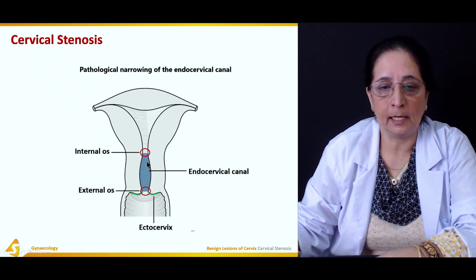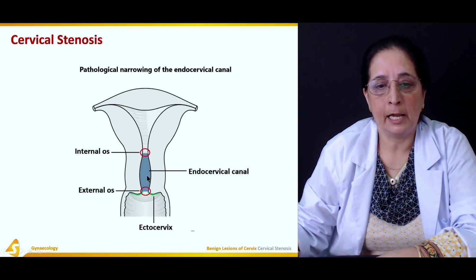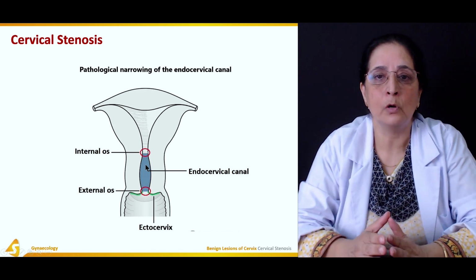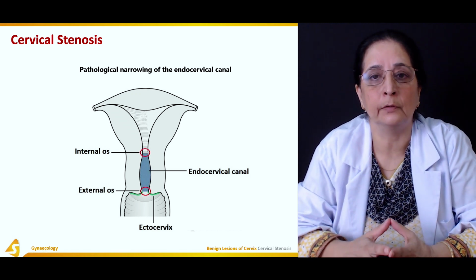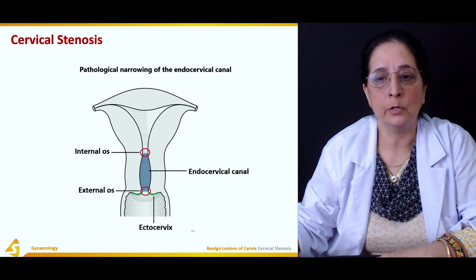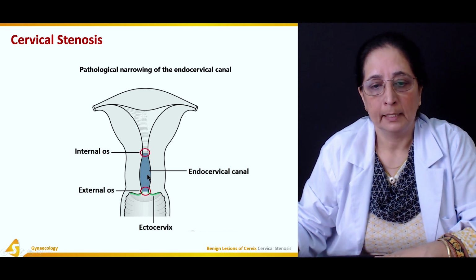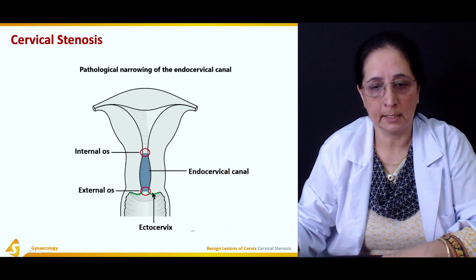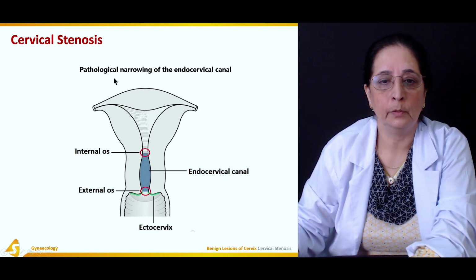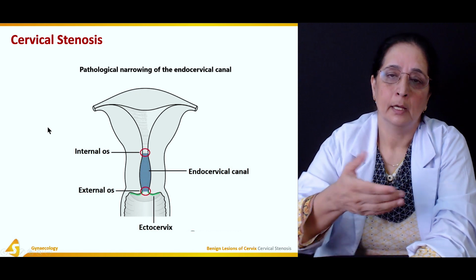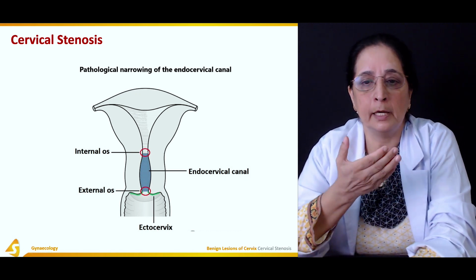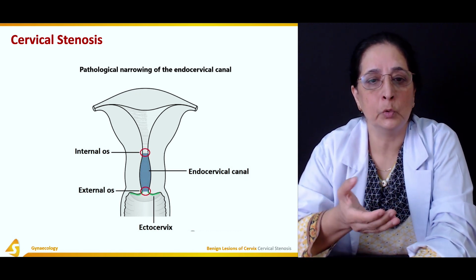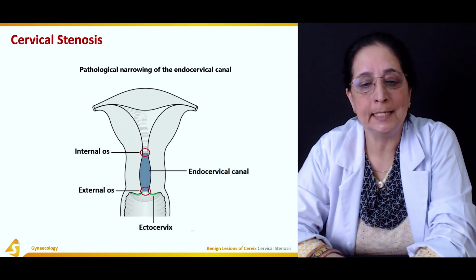This is the canal of the cervix, the endocervical canal, and when this is narrowed, it's called stenosis of the cervical or endocervical canal. This is the ectocervix, or the outer portion of the cervix. So, pathological narrowing of the endocervical canal is known as cervical stenosis.